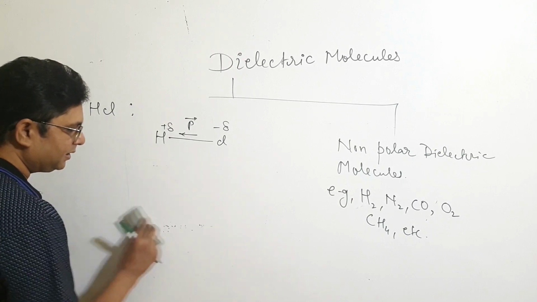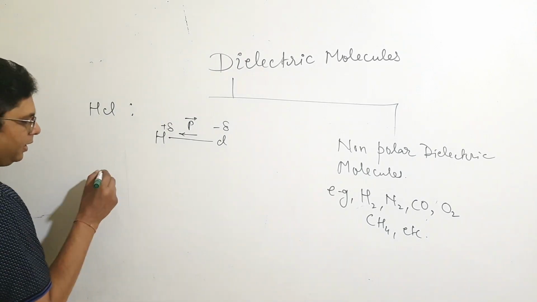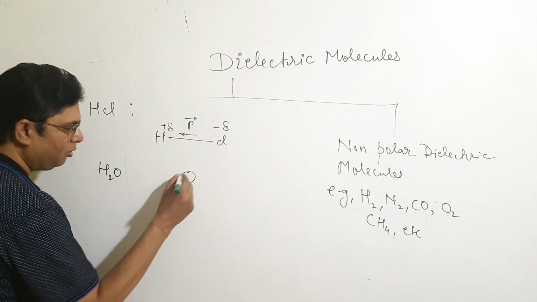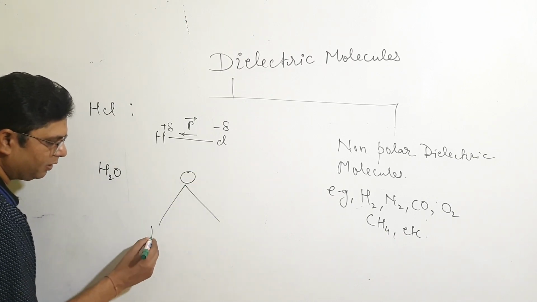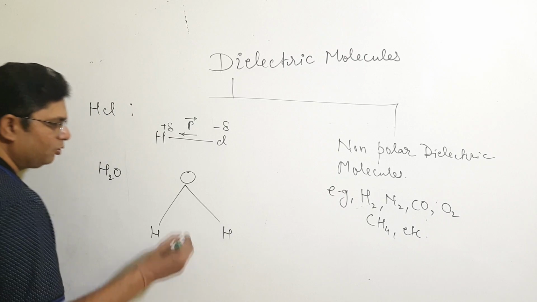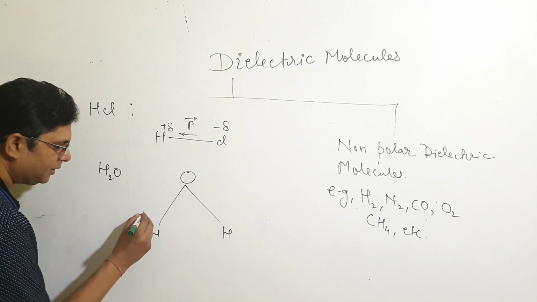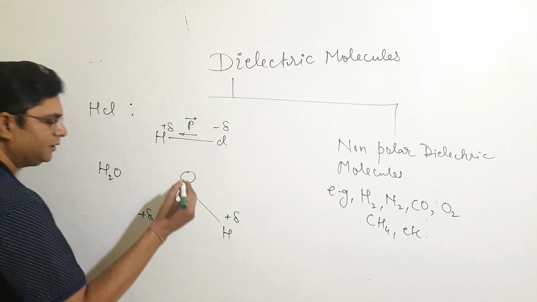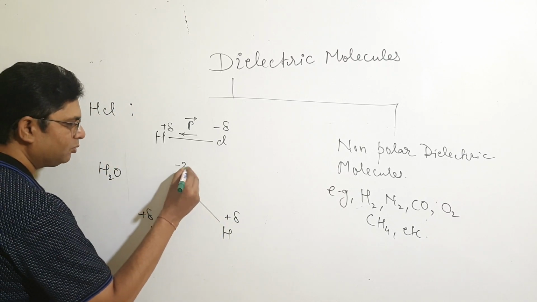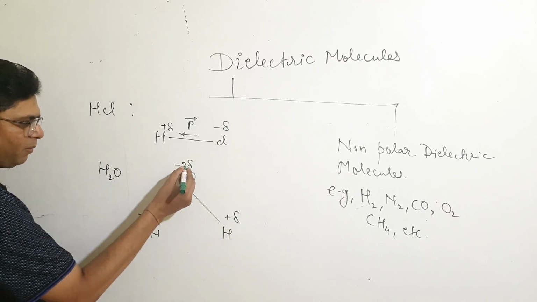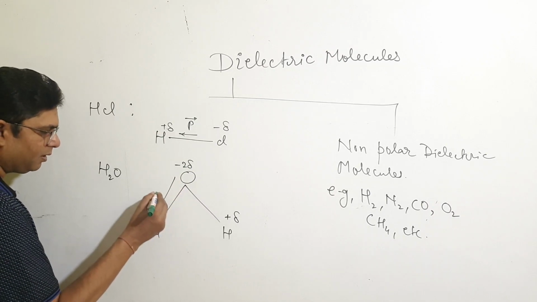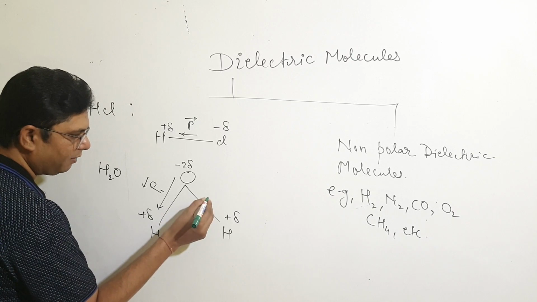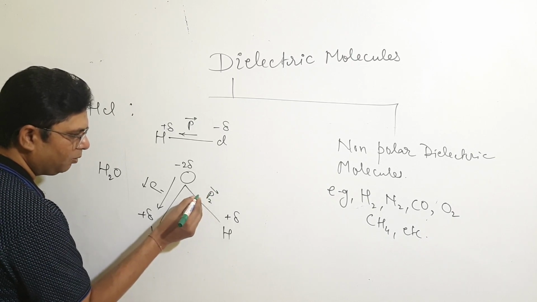Let us take another example, water, H2O. For H2O we have one O and 2H, one H here, one H here. So we have plus on each H, and we have minus 2 delta on O. From minus to plus we have P1, this is a dipole moment. Here we have P2 dipole moment.